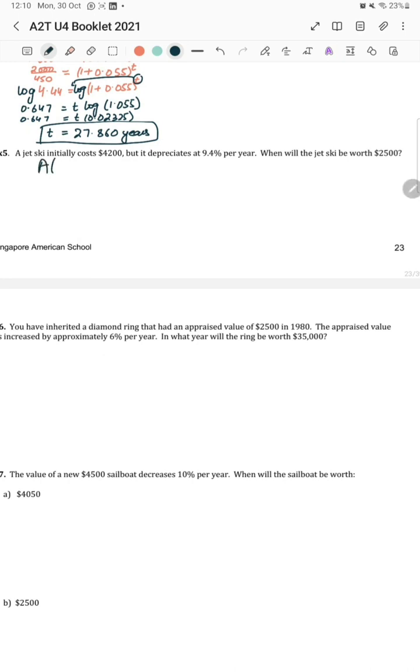So A of t: the jet ski costs 4,200, so P is 4,200, which is the initial amount. Cost is the initial amount.